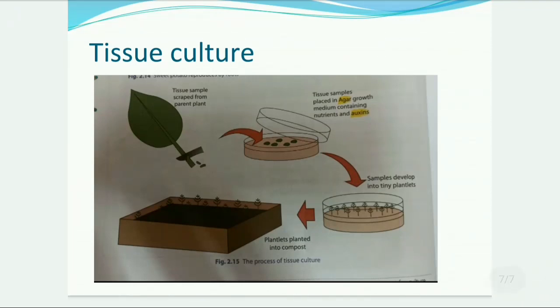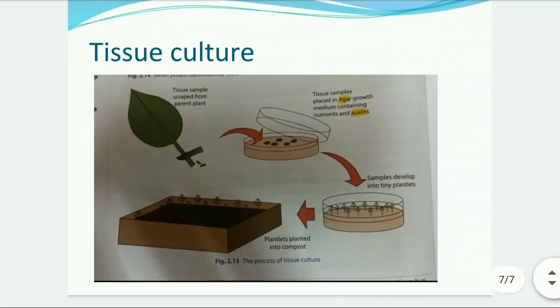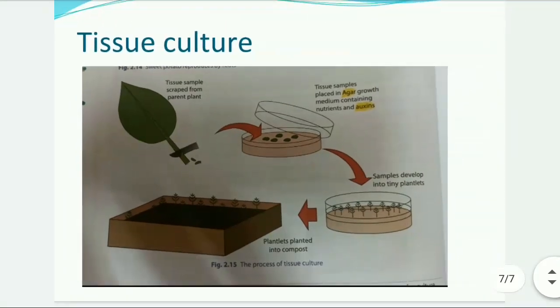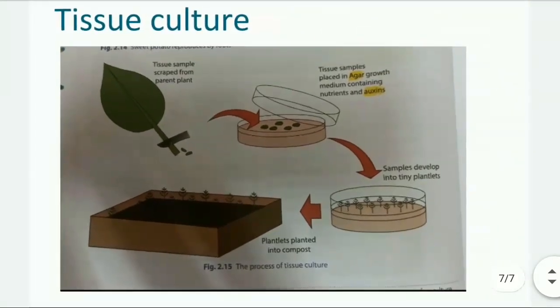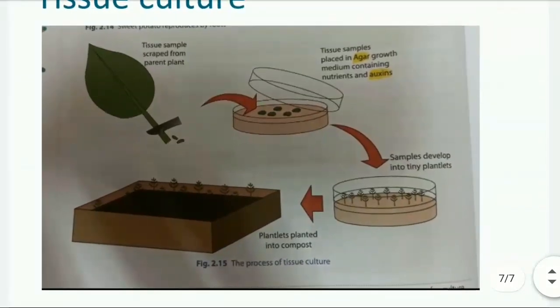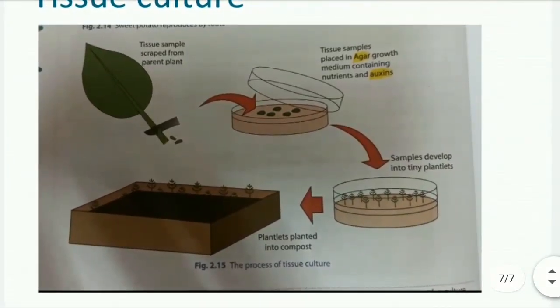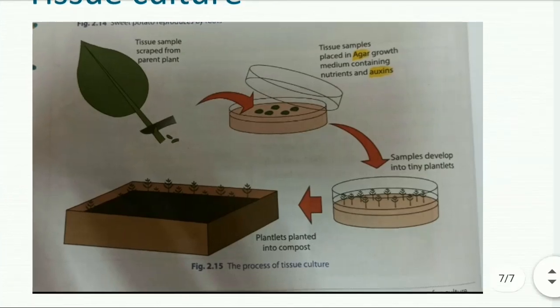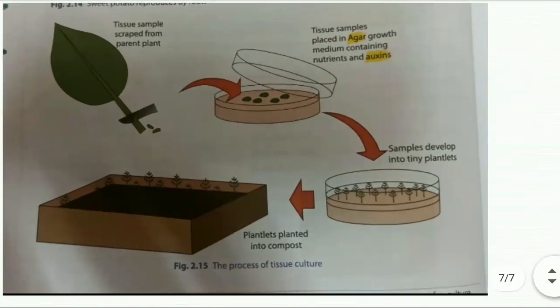Then these are transferred into a medium. The medium used here is agar, which is rich in nutrients, and in a few days these cells grow into small plantlets, which are then transferred into compost, and this compost provides other nutrients to them, and then these plants can be transferred into the soil to grow as independent plants.